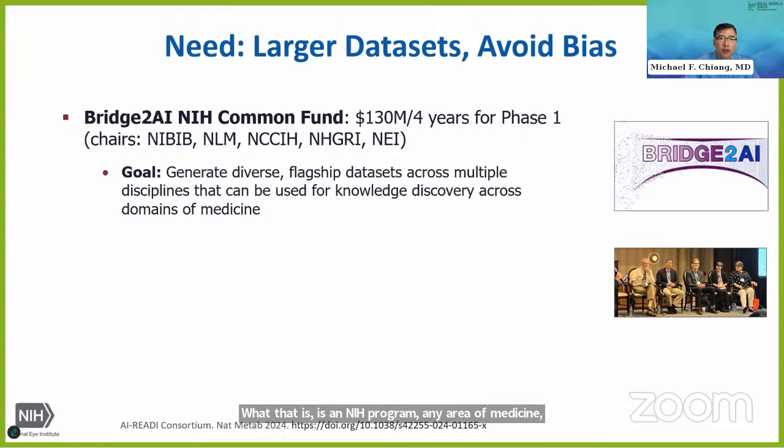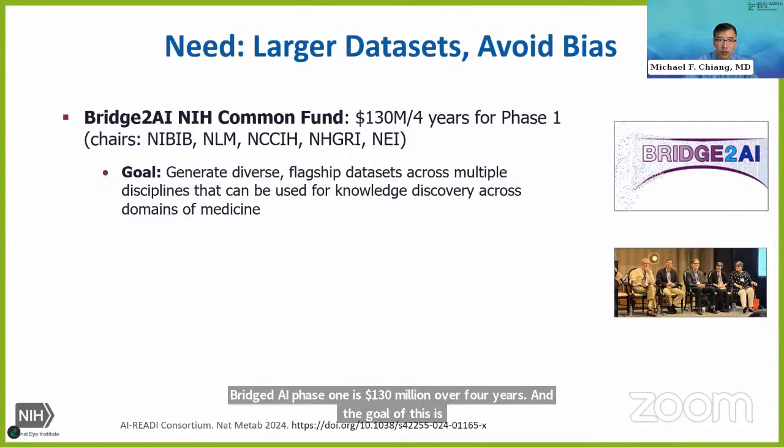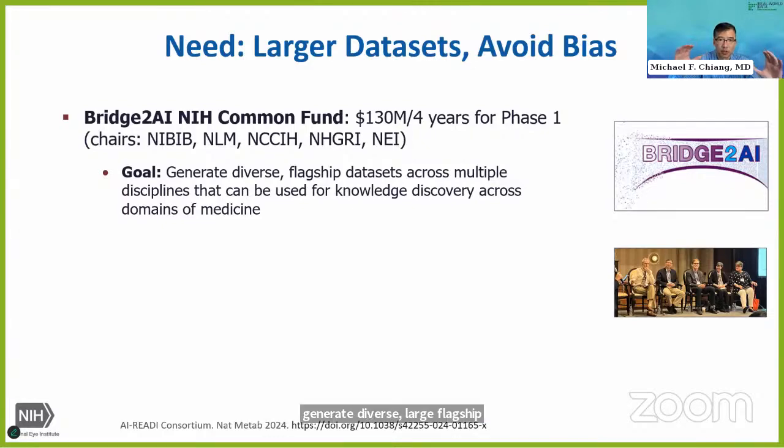So Bridge to AI phase 1 is $130 million over 4 years. And the goal of this is to generate diverse, large flagship data sets across multiple disciplines to use for knowledge discovery. Okay, so this is basically a hypothesis generating project, $130 million. Okay, really, really different direction for NIH that we're taking.